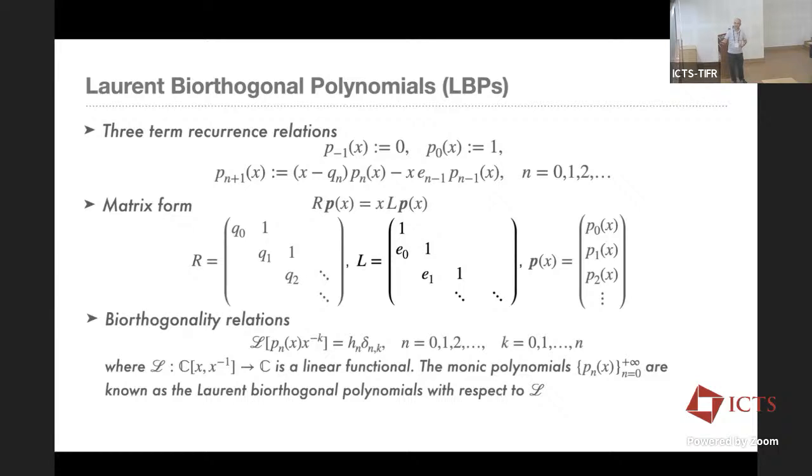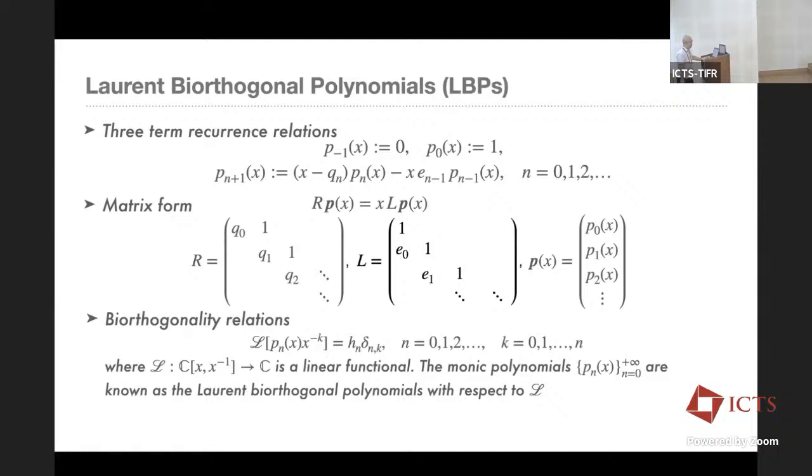Here I am just stating the bi-orthogonality relation for the Laurent polynomials. Then the linear functional space also has to be extended from the polynomial space to the Laurent polynomial space, with respect to L. If the polynomial sequence satisfies this type of relation, then the polynomial sequence is called a Laurent polynomial system with respect to L. This is our setting, so let's start from this setting.